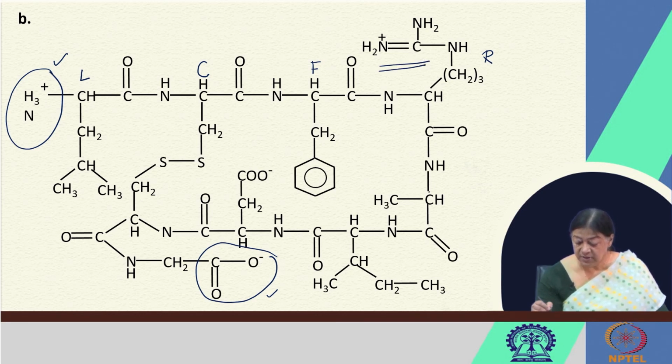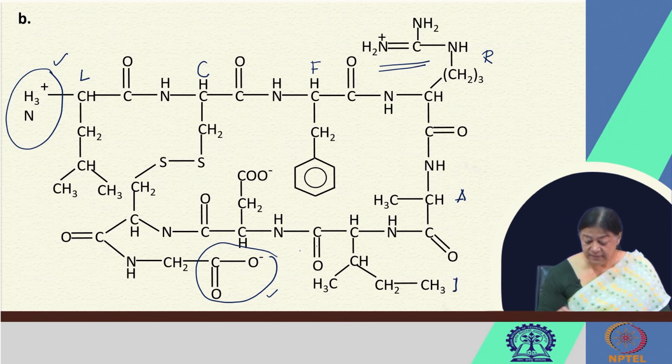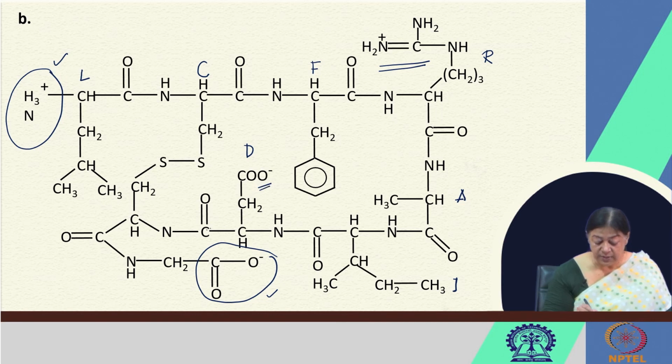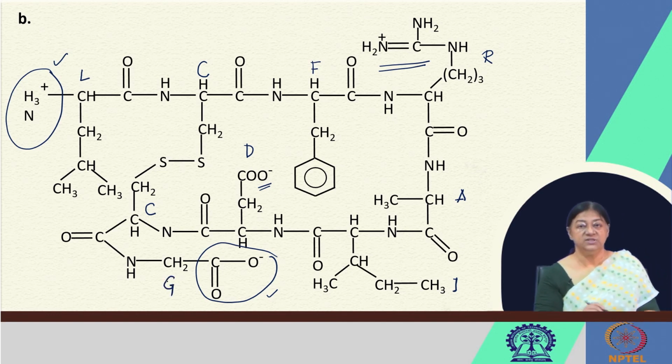Now, we come here, this is alanine, this is isoleucine, then let us CONH, this is CH2CO minus, this is our aspartic acid where we have lost the proton here. We come back here, this is where we have another C, and coming back here, this is where we have our glycine. This is the CH2.